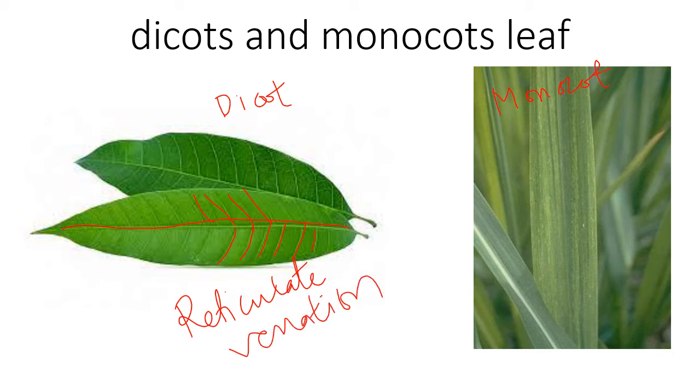And if you look here this way, there is parallel venation. This is actually the difference in dicot and monocot leaf.